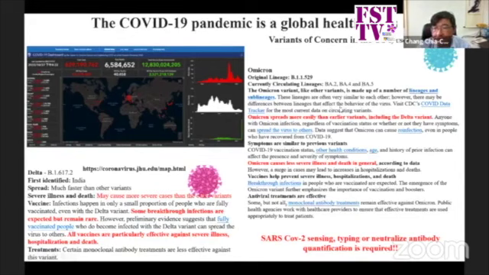Since the virus variants are changing and the mutation is rapid, it is not only sensing that is important; typing, or neutralizing antibody quantification, is also required.